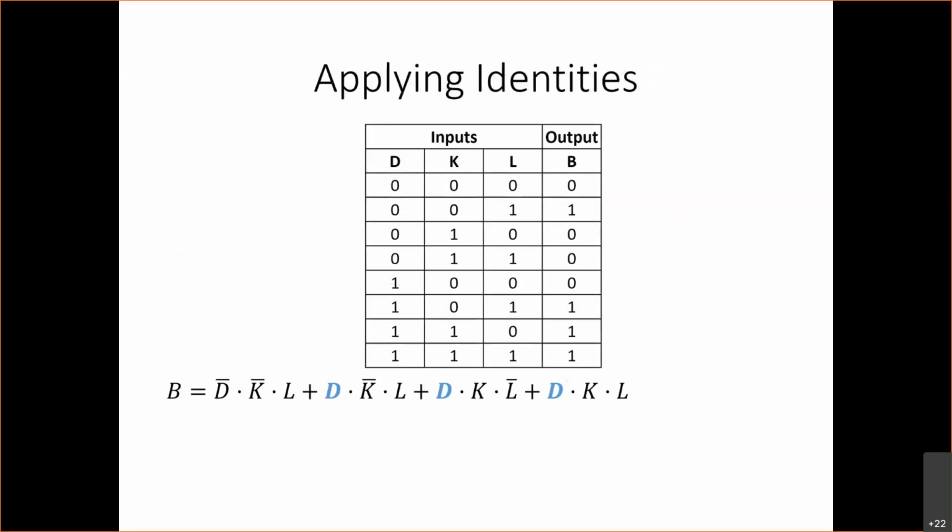This was the original logic equation that we got from this truth table, but we can simplify it further by applying the different logic identities. For example, one thing we observe here is that D is common across these three terms. So what identity can we apply to simplify this further based on the observation that D is common?